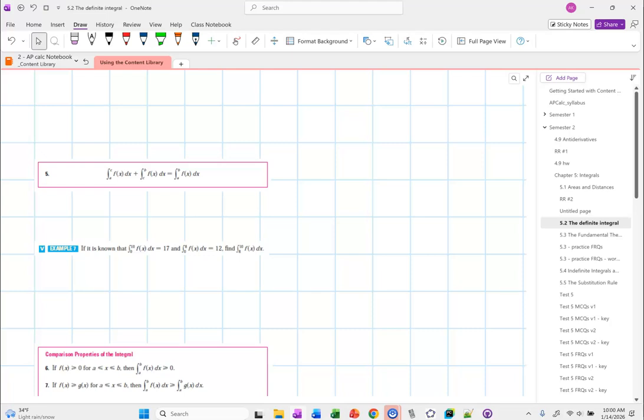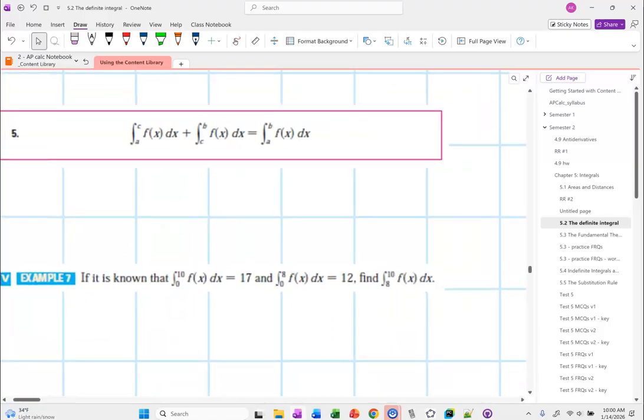Property 5. This is one you need to know, needs to be memorized. Let's look at what property 5 is saying. It's like a transitive property. Yeah, that's right.